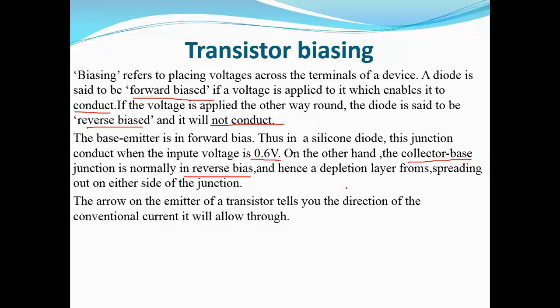The arrow on the emitter of a transistor tells you the direction of the conventional current. What was the conventional current? Do you remember? Conventional current is the current which flows from the positive terminal of a circuit to the negative terminal.